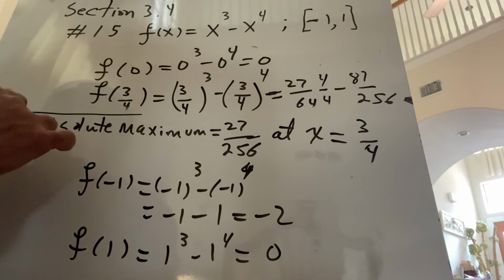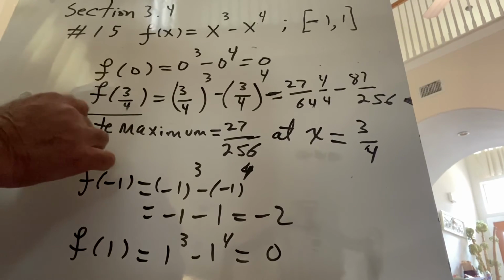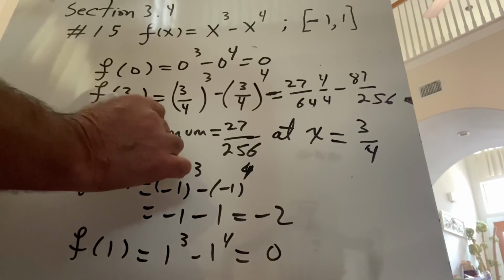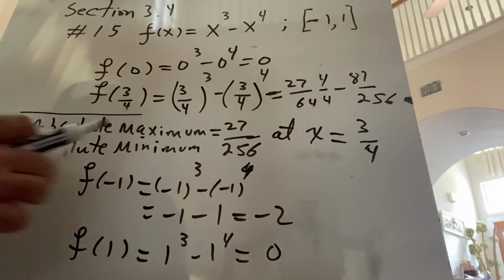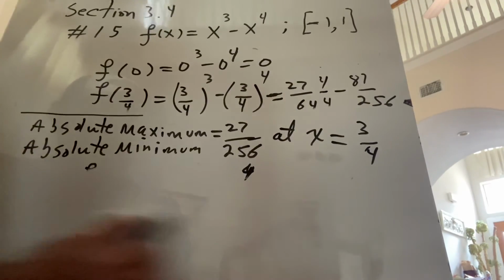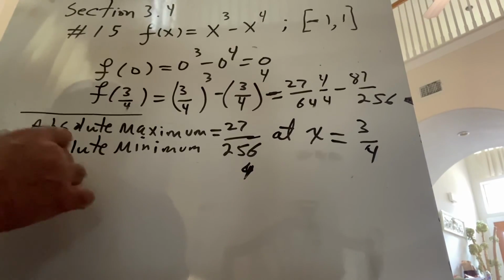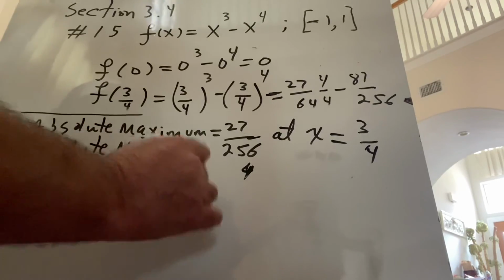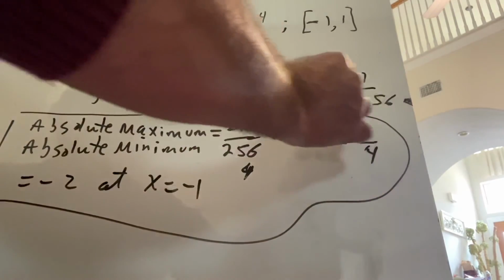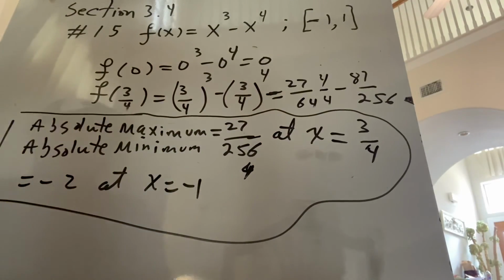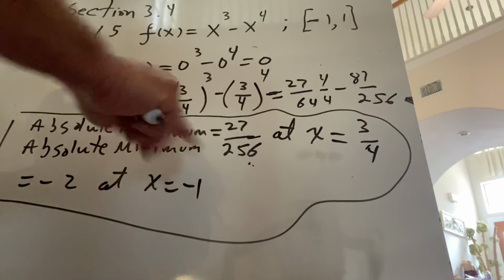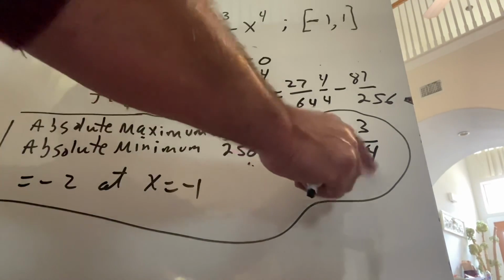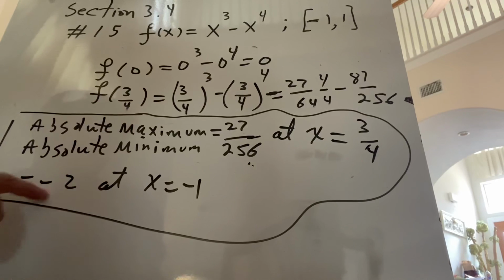So absolute minimum equals -2, and of course it happens at x equals -1. This will be your conclusion for this problem after your computations. So the absolute maximum is 27 over 256, which happened at x equals 3/4, and the absolute minimum is -2, which occurs at x equals -1.